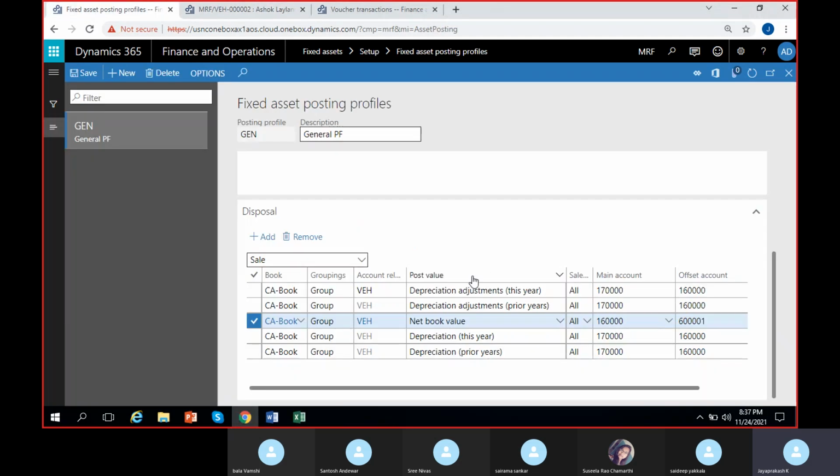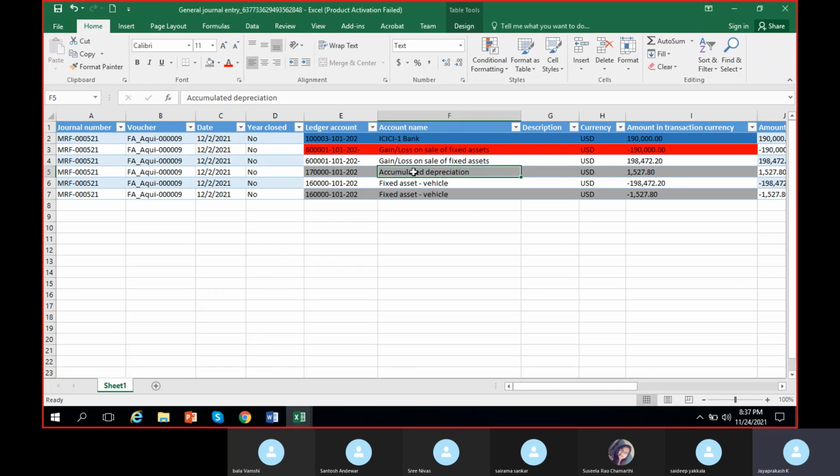For all the depreciation related transactions, depreciation adjustments this year, previous year, current year, and all other transactions, you will have this voucher here, the accumulated depreciation total amount. Sometimes when you have depreciation in this year, previous years and adjustments, you might have multiple accumulated depreciation accounts coming here.